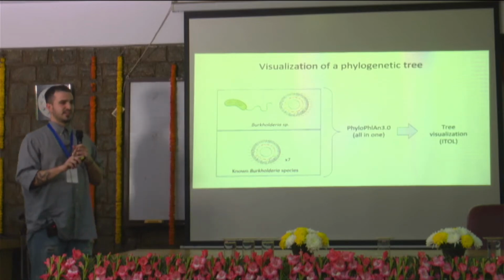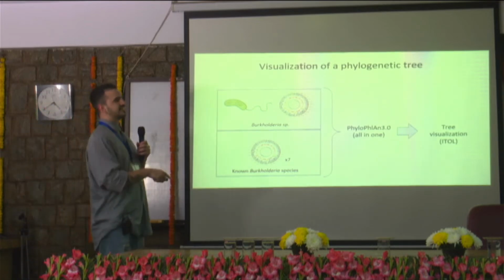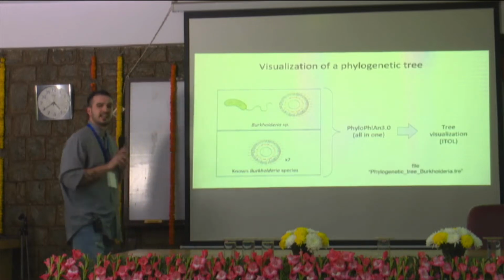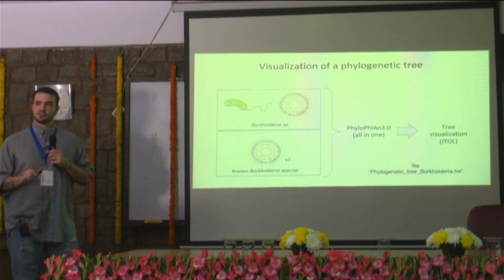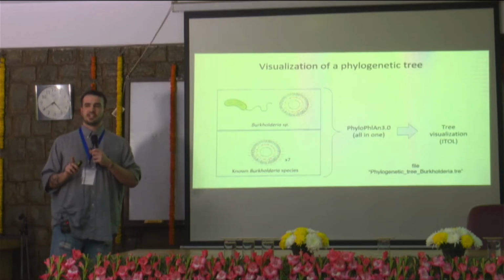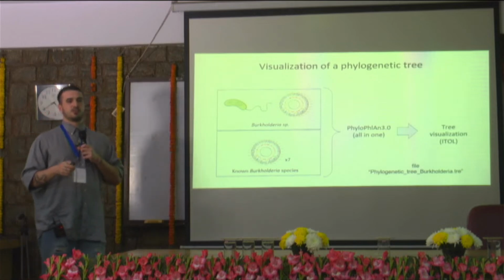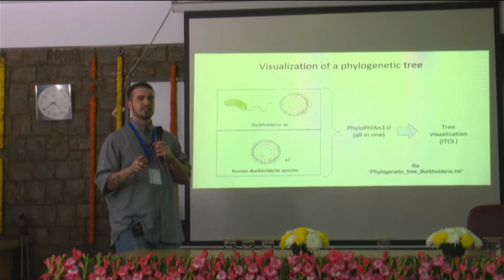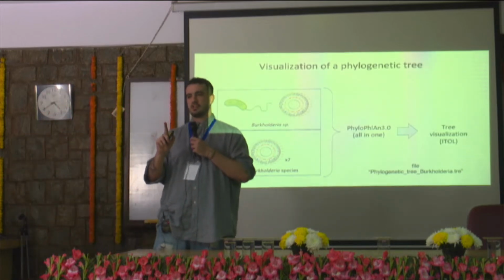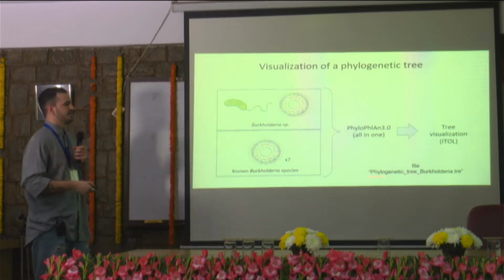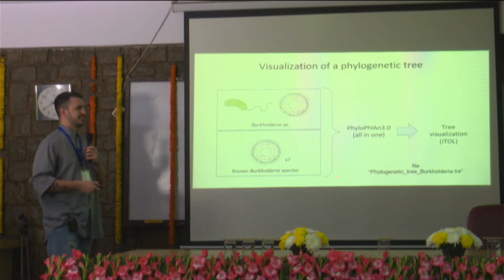And for visualization, we always use ITOL. ITOL is a really nice software that we're going to use a bit now to visualize phylogenetic trees. So now, if you go to the files that we downloaded, there is a folder called phylogeny, and you will find this file inside.